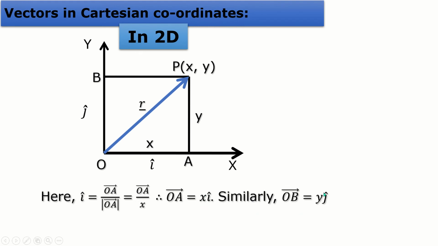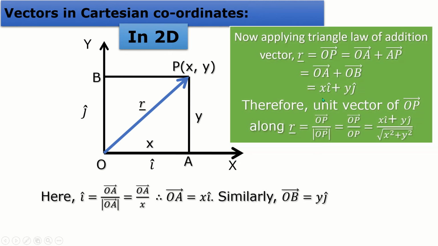Xi and yj both are components of r vector. Clear? Now follow this here, xi and yj. Xi is a component of r vector, yj is a component of r vector. Clear? But only x and only y are the projections of r respectively. When we consider this as base, this is a projection of r. Clear?